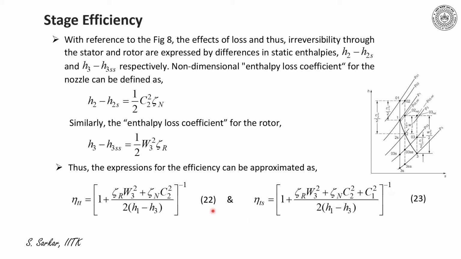Thus equation 22 and equation 23 represent the expressions of total to total efficiency and total to static efficiency in terms of zeta R and zeta n.